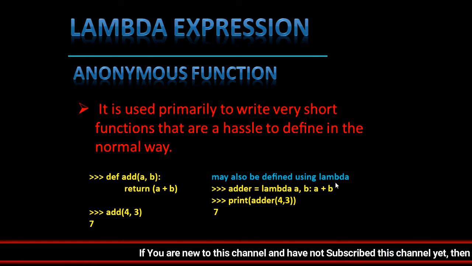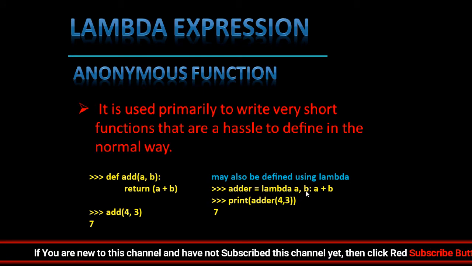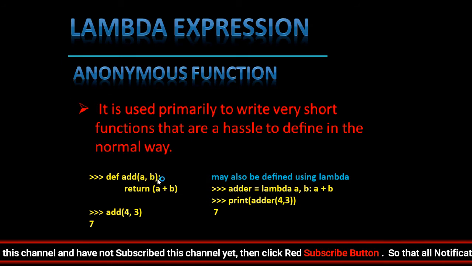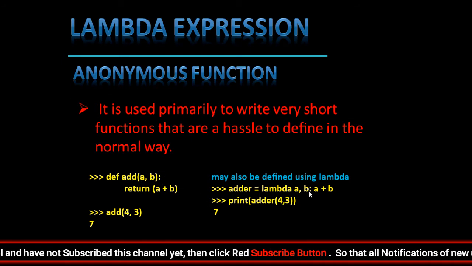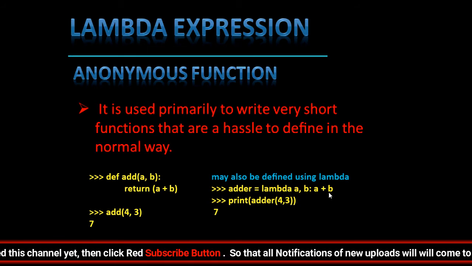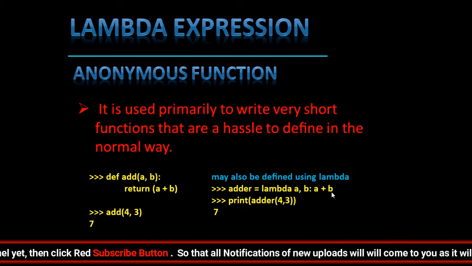So here the lambda function is getting two arguments a and b, same as the add function which takes two arguments a and b, and after the colon, what is written is being returned. So a plus b is being returned.